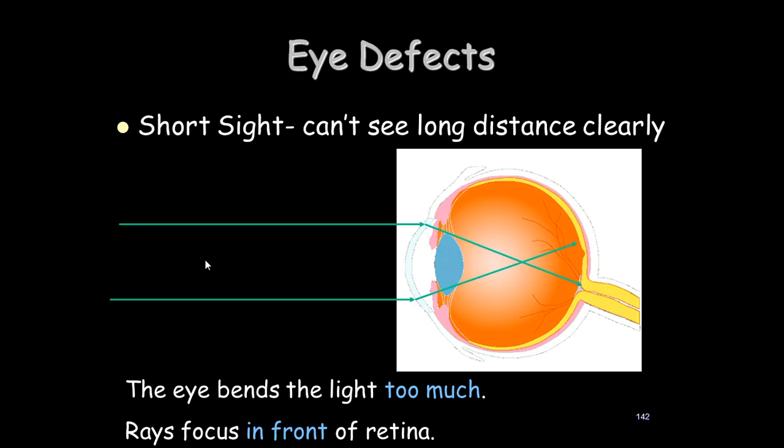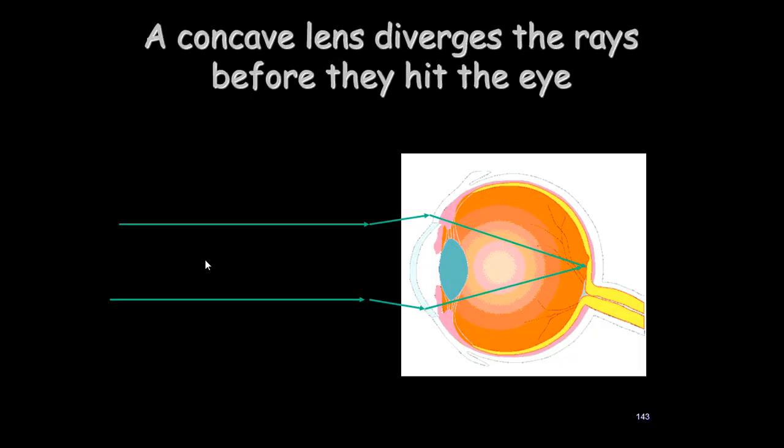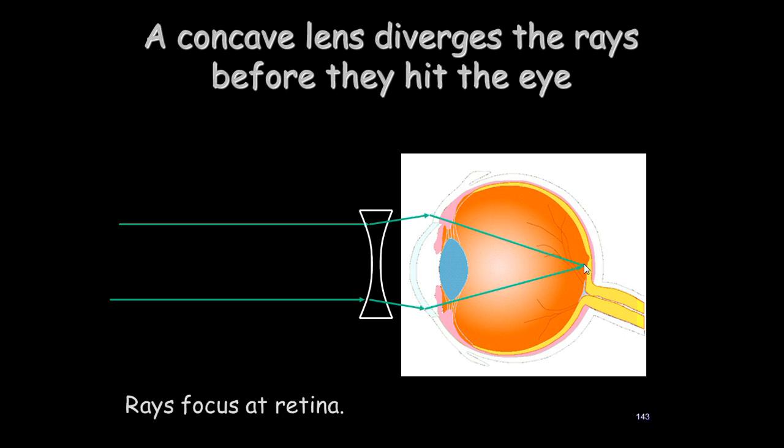So what we can use is an appropriate lens that spreads that out and brings the focal point back to the retina. So we would use a concave lens before they hit the eye.